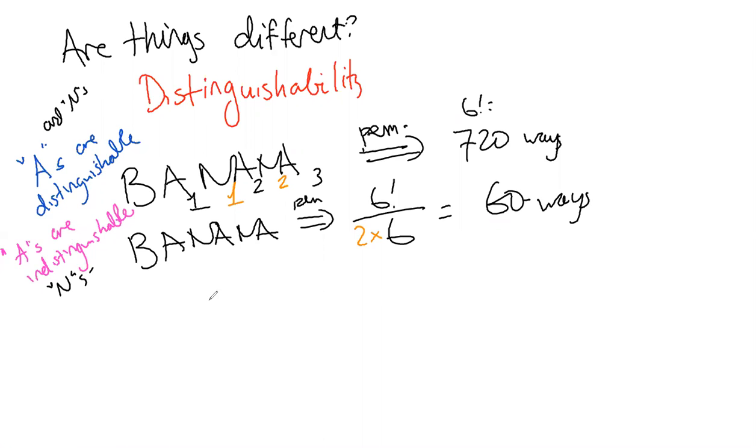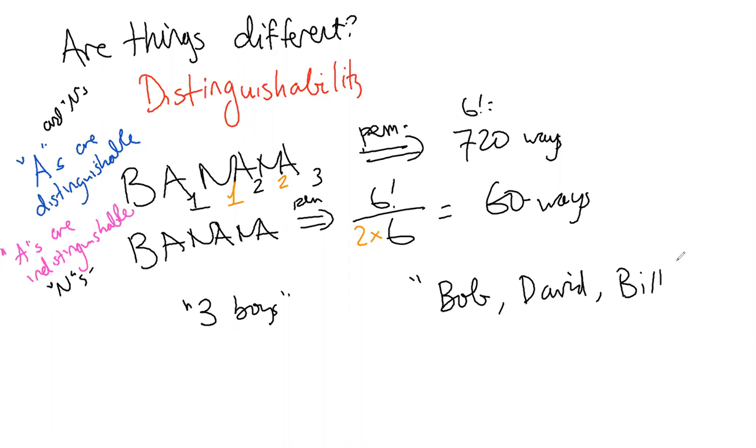And so there's a difference between if I say "3 boys," and if I say "Bob, David," and I'll put my name in there because I can't think of any other male names right now. There's a certain implication here, right?